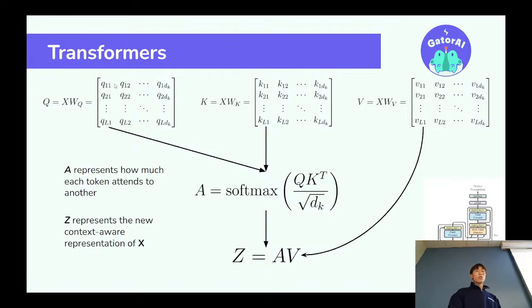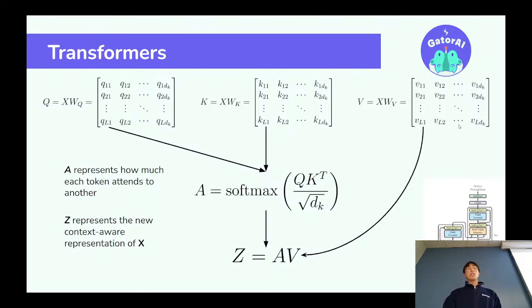So Q1 is how much the token attends to itself, and so on. The keys are what kind of information I should take in. So K11 is what kind of information I should take in from a token to myself, K12 is how much information I should take in from the second token, and so on.